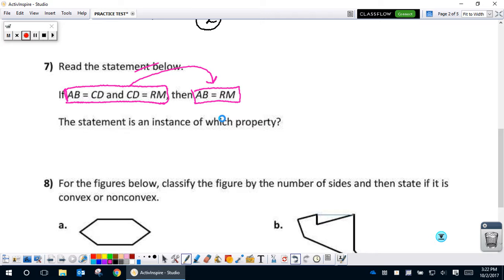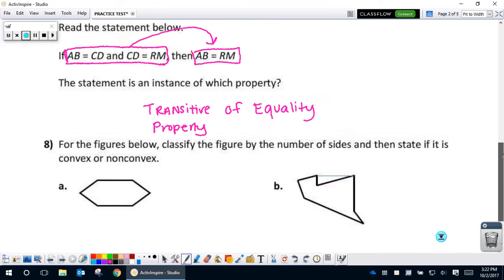So you also first want to recognize that we have equal signs. So this is going to be something of equality. And this would actually be the transitive property of equality.